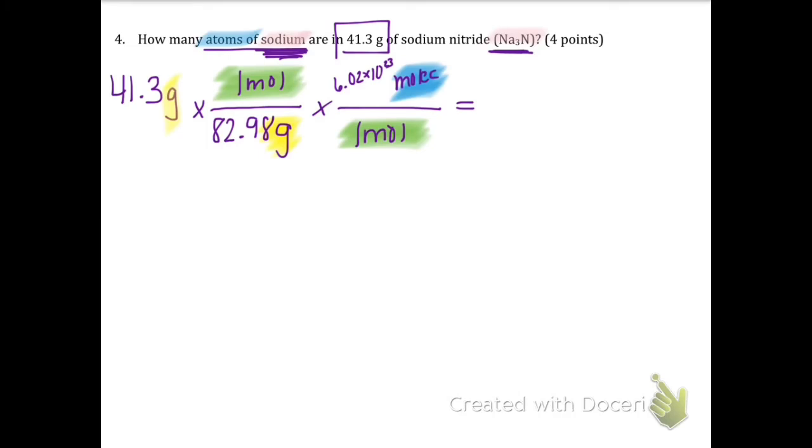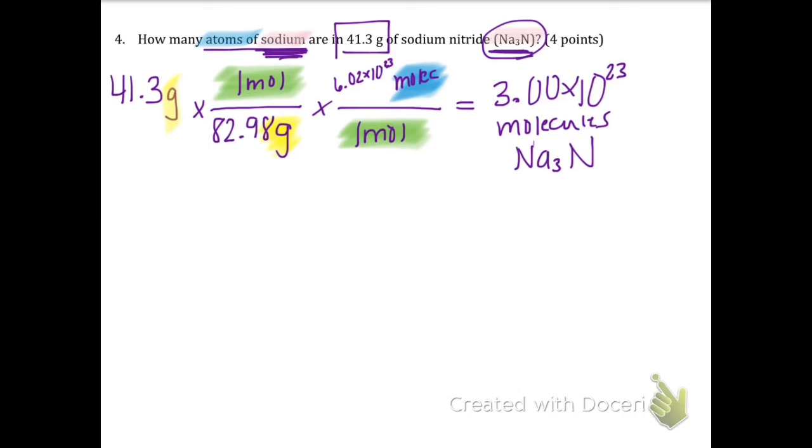Okay, I'm going to write 3.00 times 10 to the 23. But I'm going to keep that 2.996 on my calculator. Don't remove it. This is molecules of Na3N. But you know you're not done.